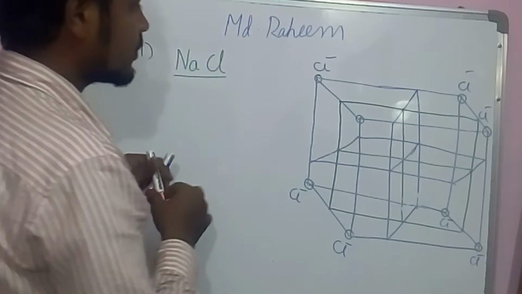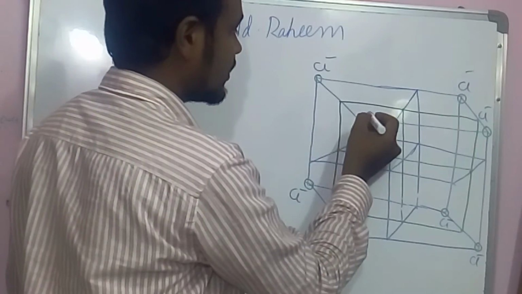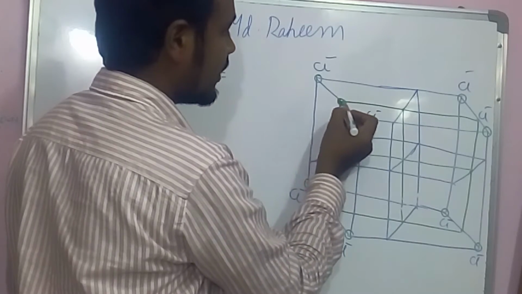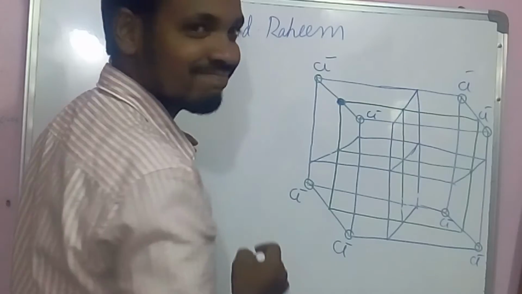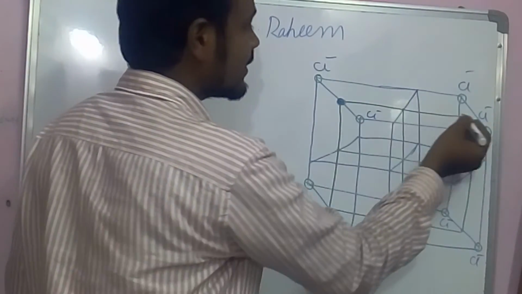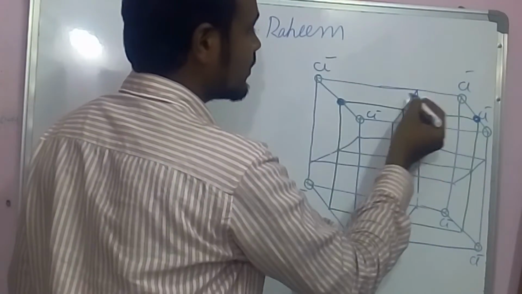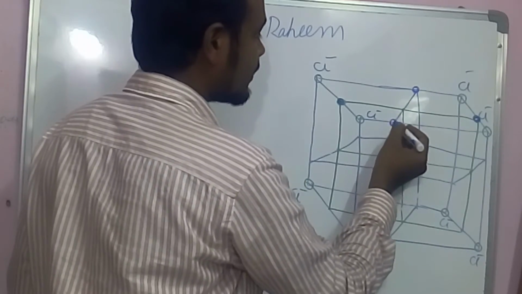Okay, right? So in between these two Cl minus, you have to place one completely filled atom like this. Arab students call it darra. So in between two chlorines, one atom.